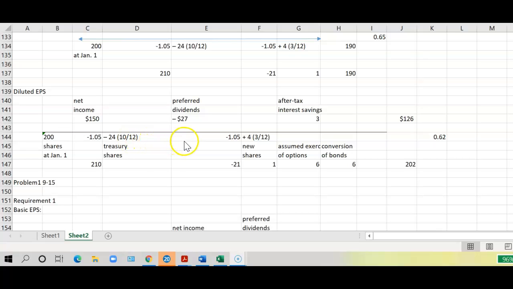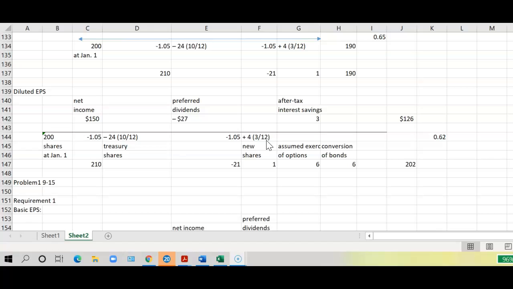And they also sold some of the treasury shares in October, 4 million, and they were outstanding for 3 months out of a 12-month period.